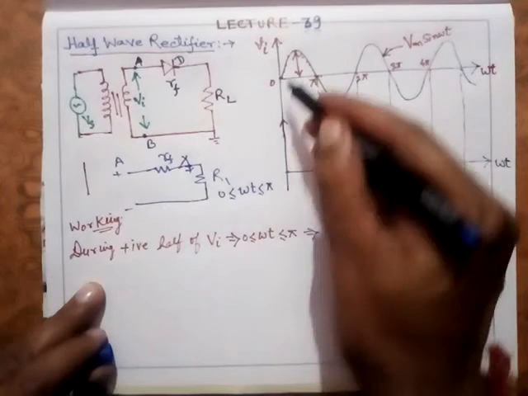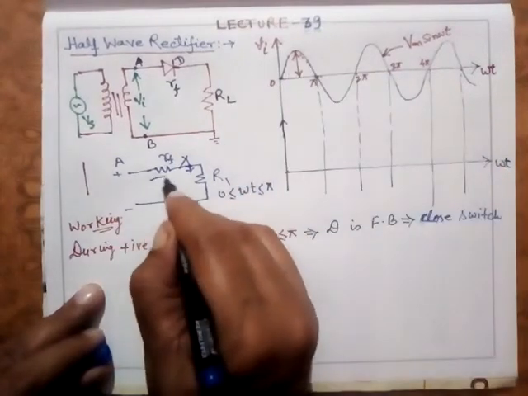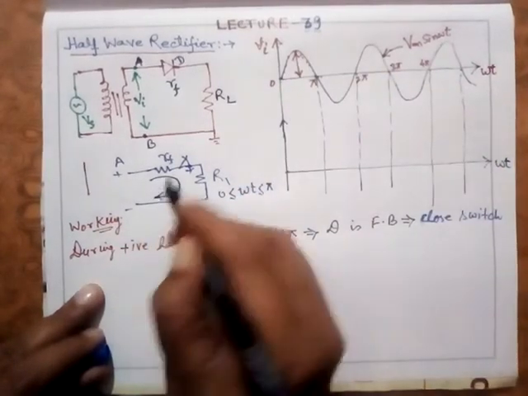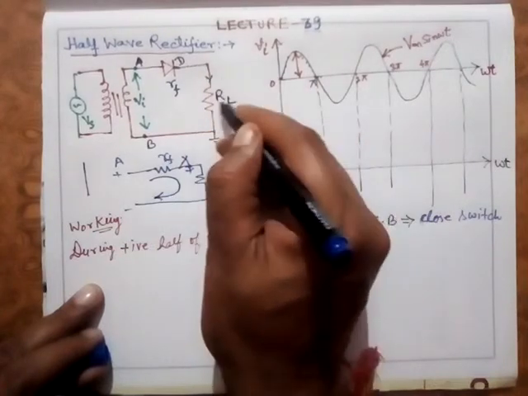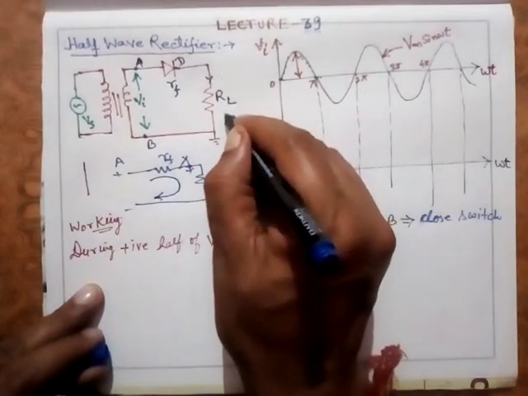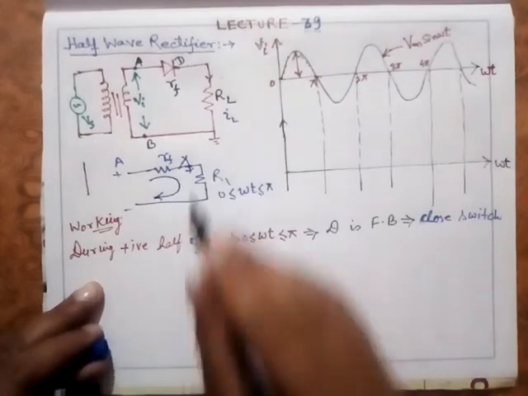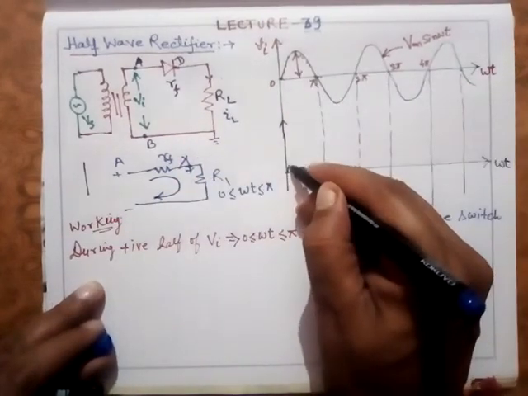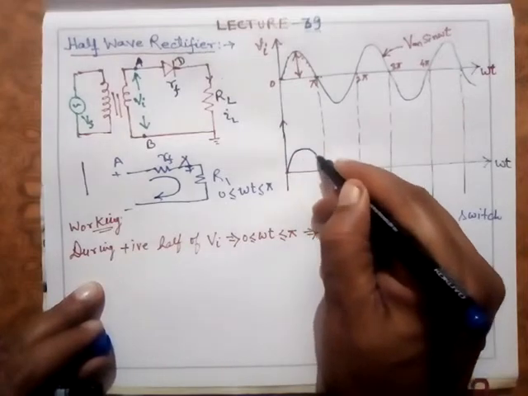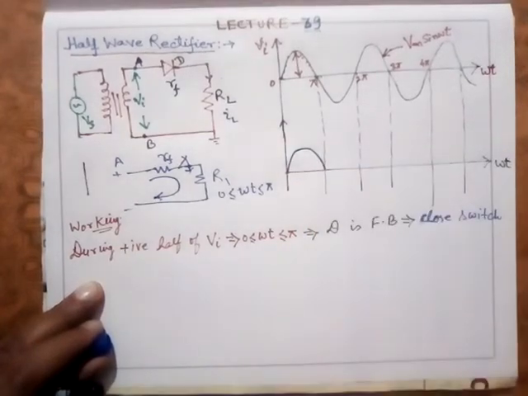So naturally the current will flow in this circuit in this direction, through this load. Suppose the current flowing here in this load is IL. So you will have an output current like this.